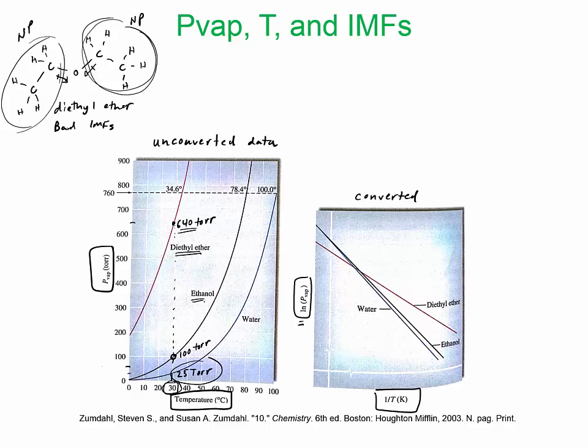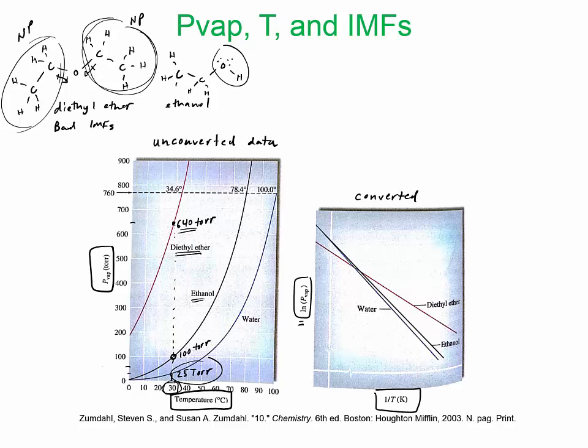And ethanol, you'll see, if I draw out ethanol, it's 2 carbons long. And it'll have an OH. So it'll have 3 H's here, 2 on the middle one.